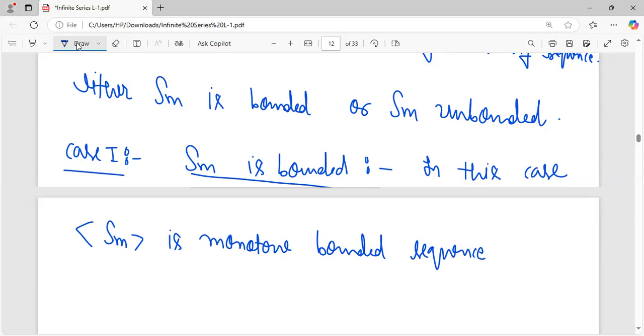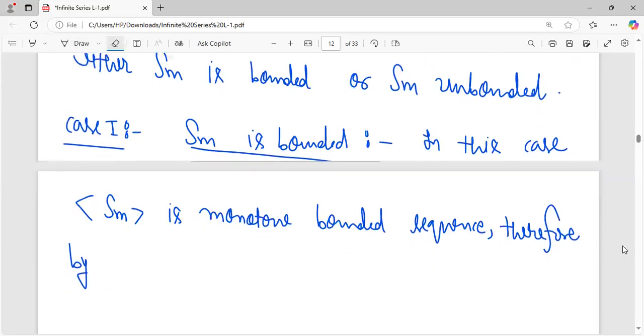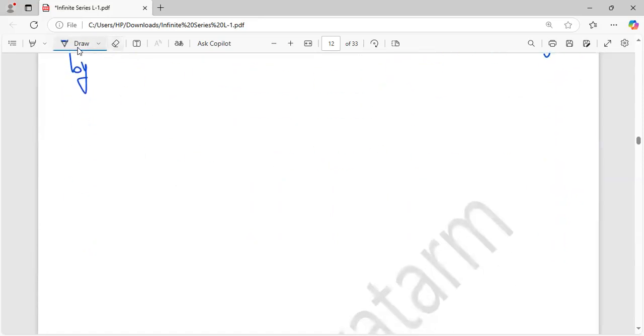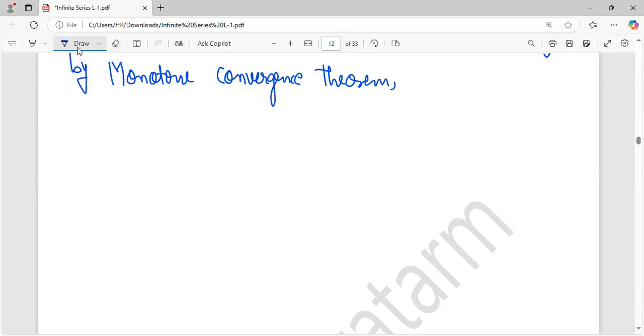Therefore, by the monotone convergence theorem, Sm is convergent.